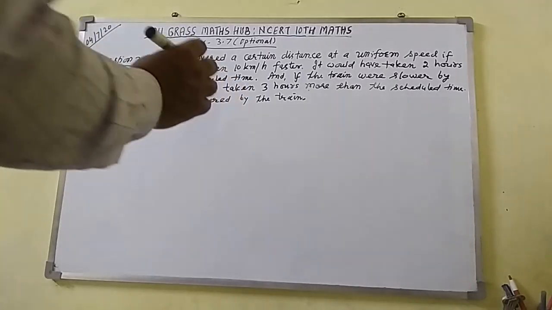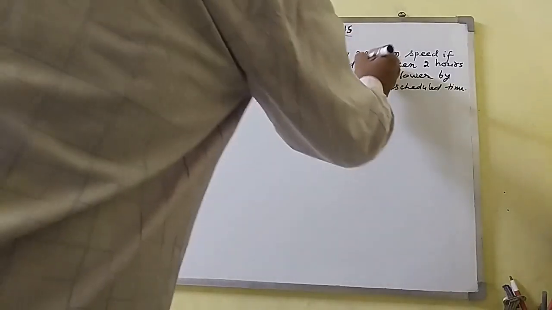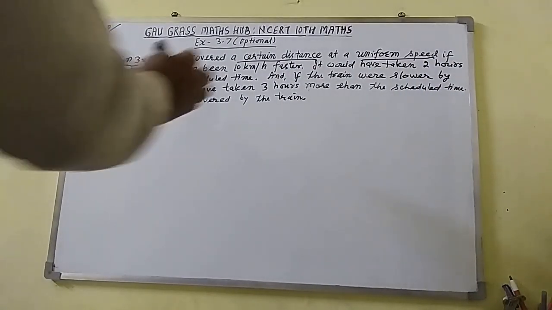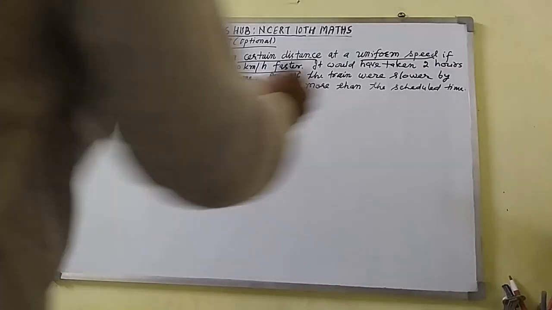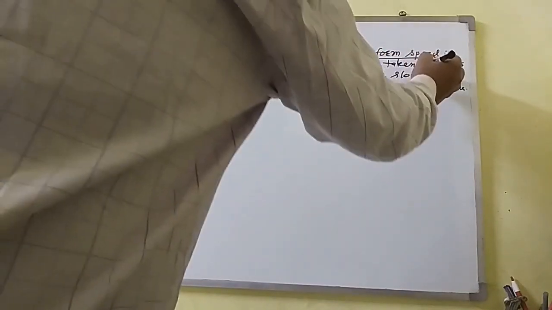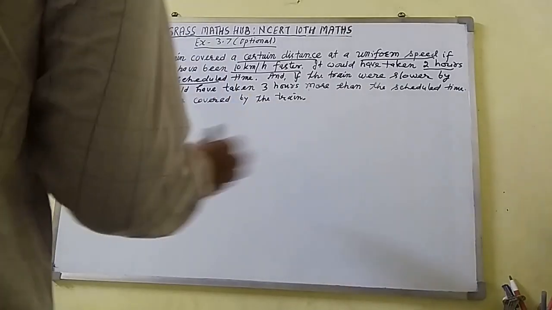A train covered a certain distance at uniform speed. If the train would have been 10 km per hour faster, it would have taken 2 hours less than the scheduled time.